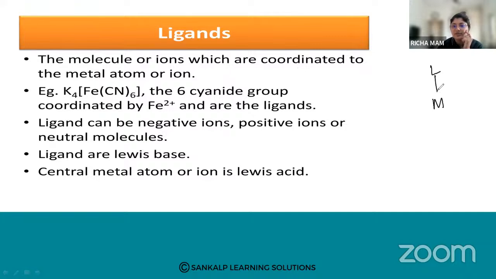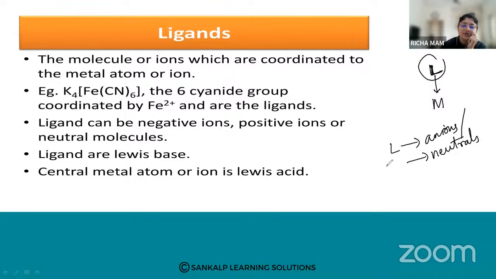So the molecules or ions which are coordinated to the central metal atom or ion in the coordination entity are called ligands. As we know, these are either anions or neutral molecules.